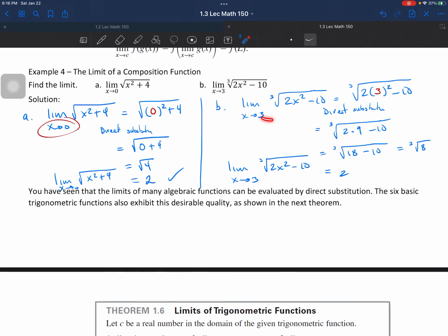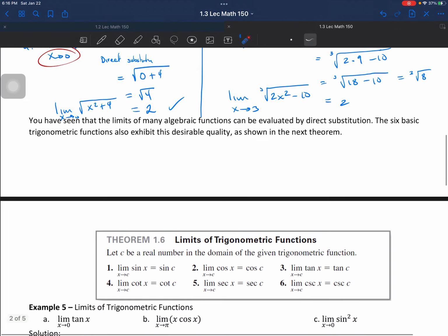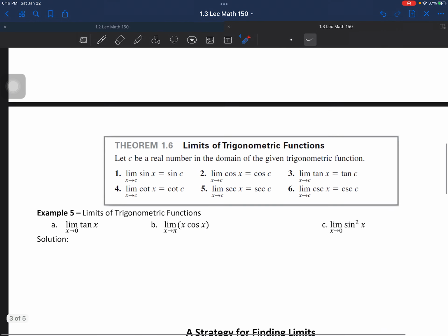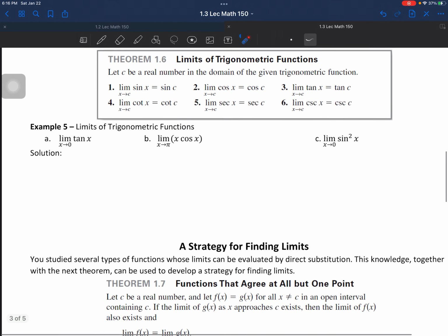Once you do the direct substitution, then you no longer put the limit, right? You're no longer allowed to put the limit. Once you apply the direct substitution, then that's gone, right? Now you only have this. But if you haven't applied the direct substitution, then you must carry the limit notation. As you will see in the next example, not this example, but coming up.